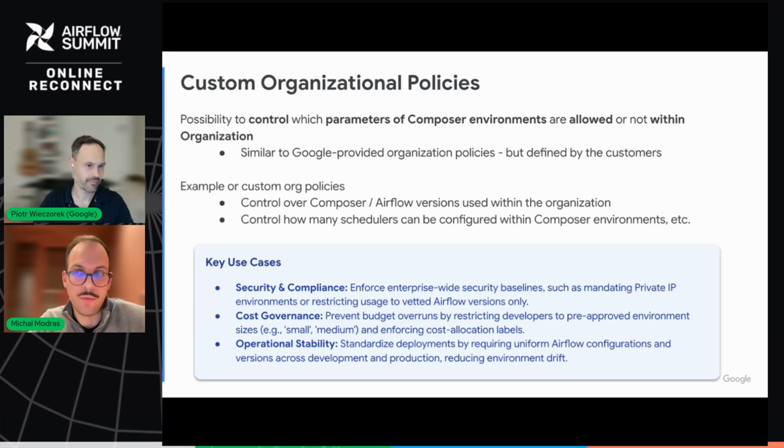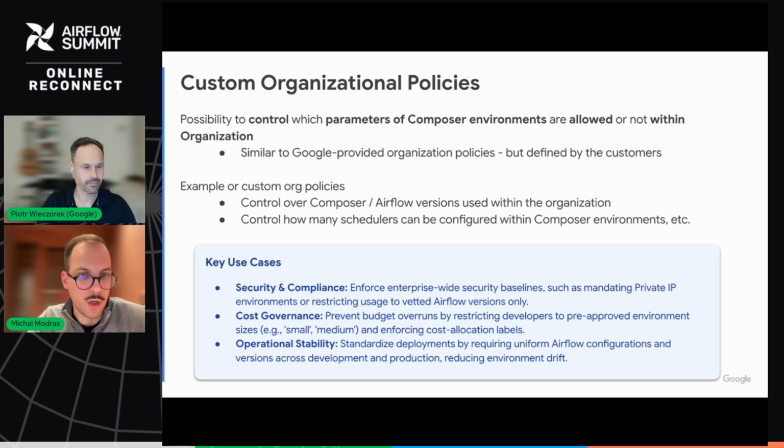Another functionality we've introduced recently is custom organizational policies. This feature enables you to define some conditions you want your cloud resources, in this context the Composer environments, to meet. So, for example, if you care a lot about resilience, you might want to configure that all your environments need to have a certain number of replicas of certain components, like, okay, no fewer than 2 schedulers.